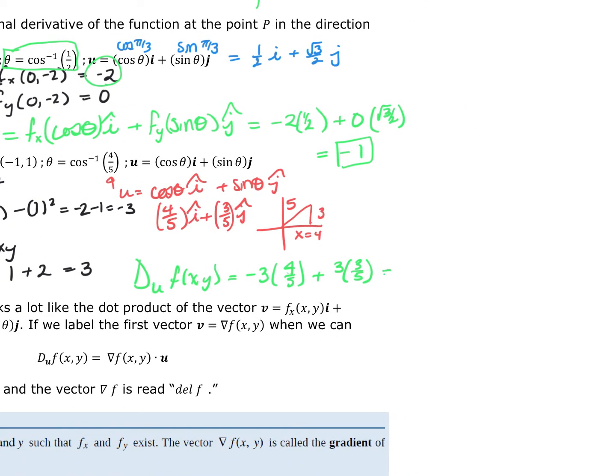So this ends up becoming -12 plus 9 over 5, which gives me a final answer of -3 over 5. And that is my final answer.